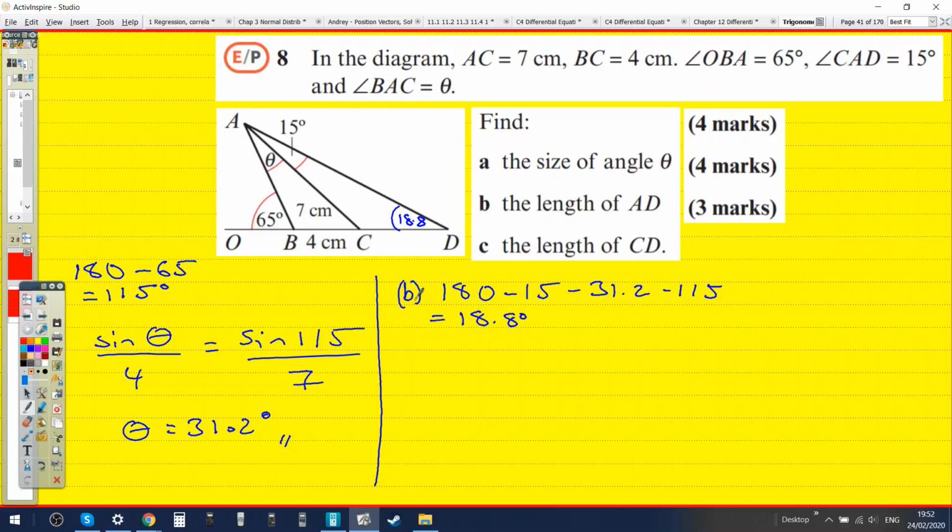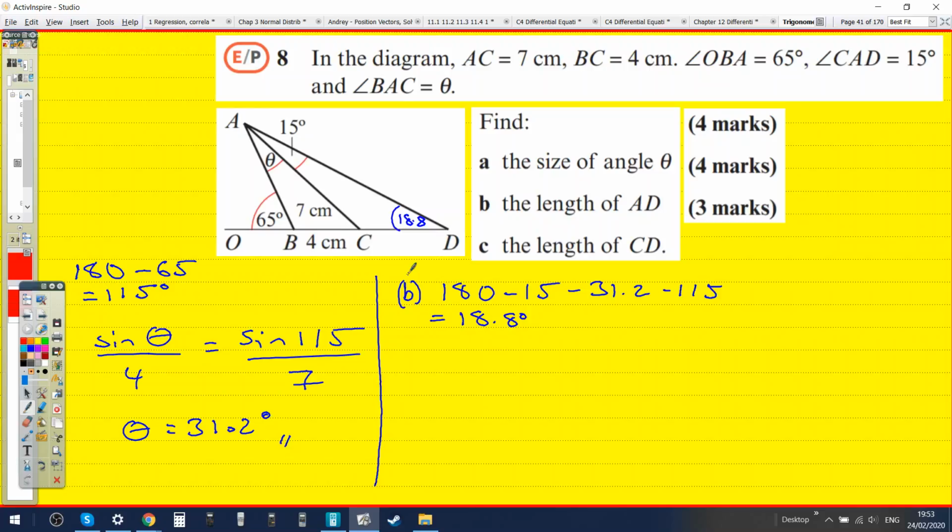And then would I then do using that? Oh, and then will it be something like... I need to find BD, don't I?